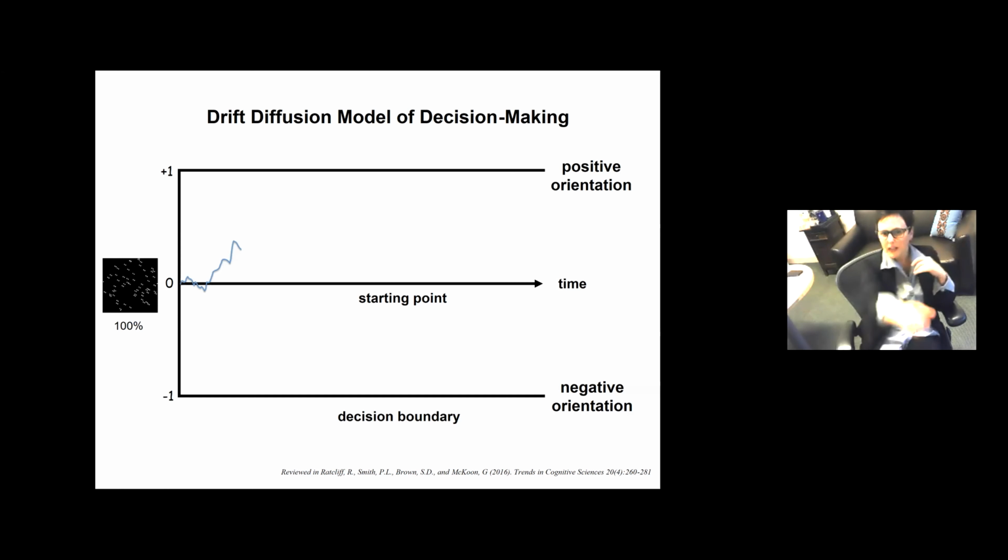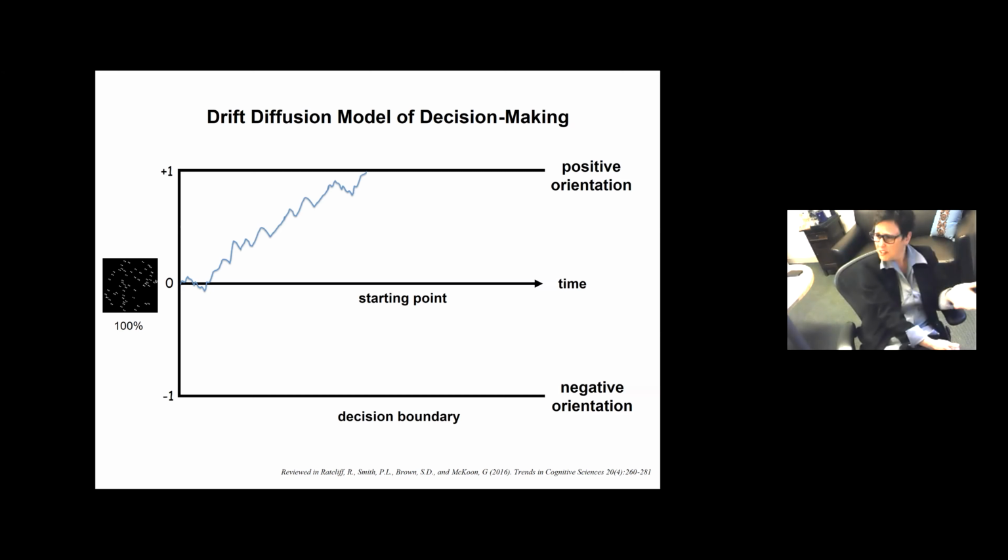So for example, we have this noisy sensory orientation evidence that starts midway between these two boundaries, this being a right choice, this being a left choice, and it starts creeping up toward one of the bounds. When the bound is reached and crossed, you make a decision and say, it was rightward, okay?